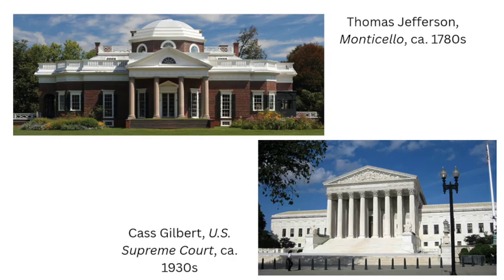So I've included Monticello here, which was Thomas Jefferson's residence, and he was the architect who designed it. And of course, you can see some of the classical elements in there with the columns and the pediment. And then Washington, D.C. itself, as a city, being the nation's capital, was also very neoclassically designed, from the plan of it with radiating boulevards and geometric spaces, to Cass Gilbert's design for the Supreme Court building.